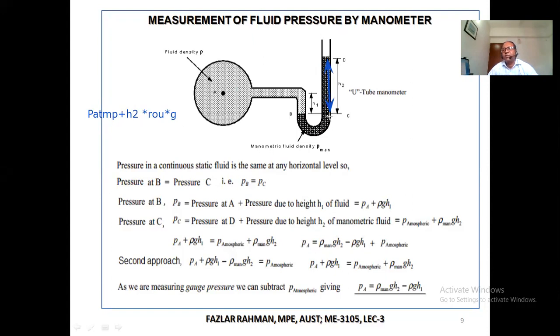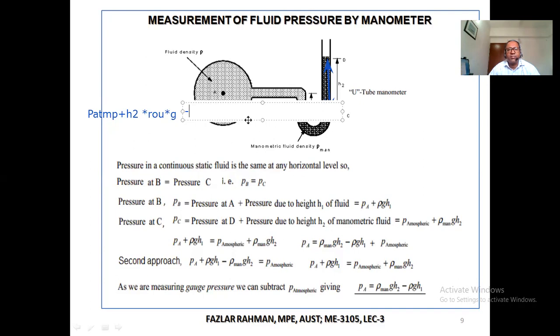So at point C, you are coming to point B. Then I will say minus, because I'm now moving upward. This minus, what is the distance?